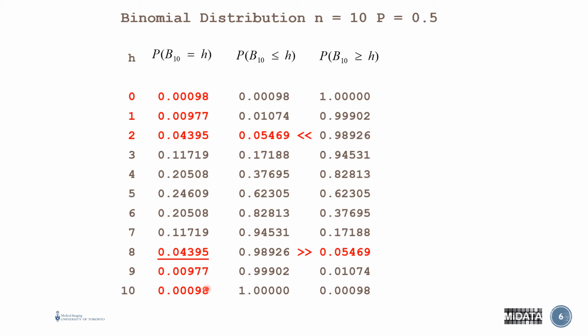So when we say an 8-2 split for A, we need to add up the probability of getting 8 or more, which means summing these 3. Now, obviously, you can just flip it the other way around because we always work in two tails.